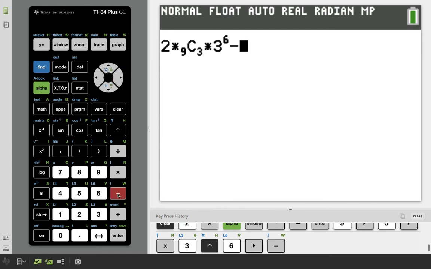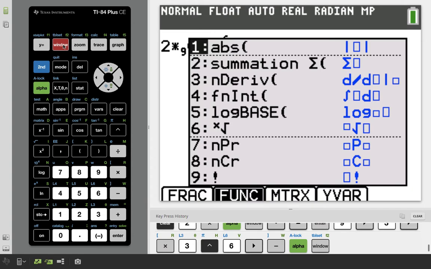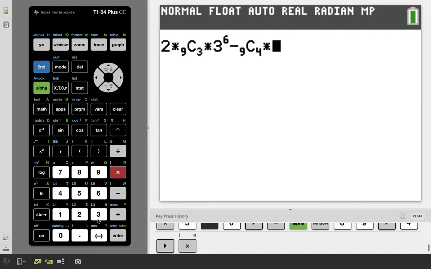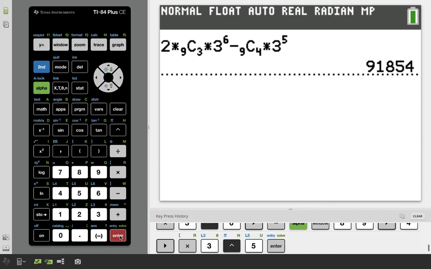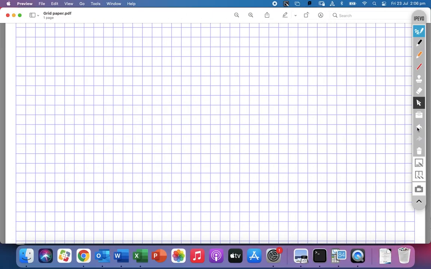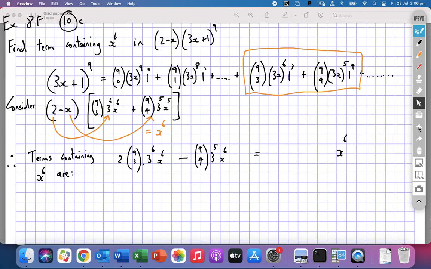We're up to 9 choose 4 now. 9 choose 4, and we had a 3 to the power of 5 that went with that number. These look like fairly large numbers. 91854. Okay, 91854, so I'll just write in that answer.